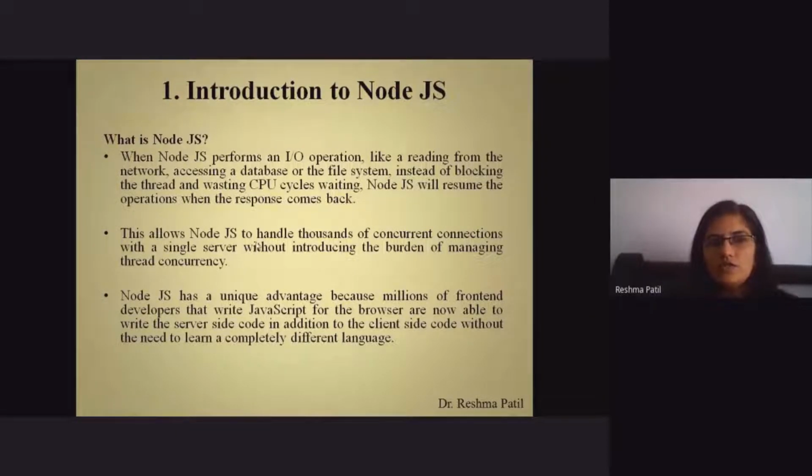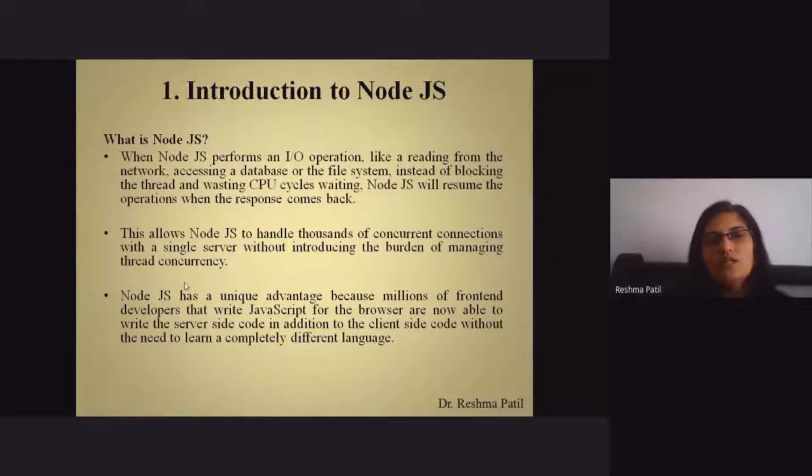This allows Node.js to handle thousands of concurrent connections because they are not waiting for input-output operations or other related operations to complete. Because of this, Node.js can handle thousands of concurrent connections with a single server without introducing the burden of managing thread concurrency.